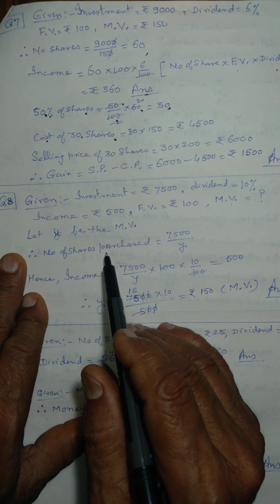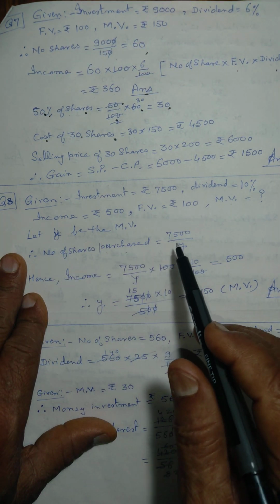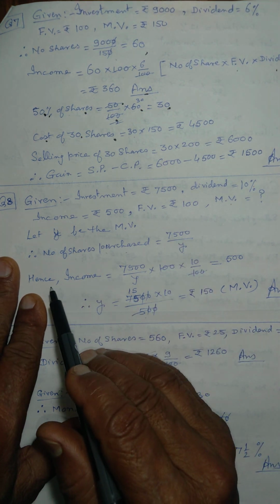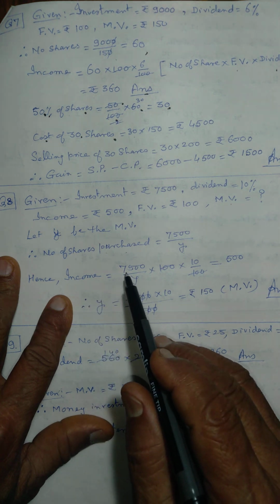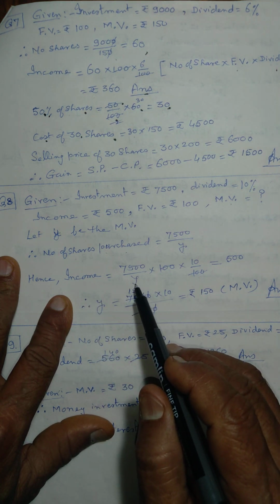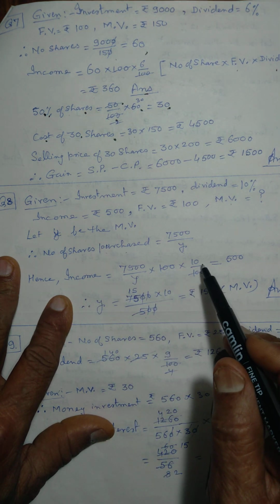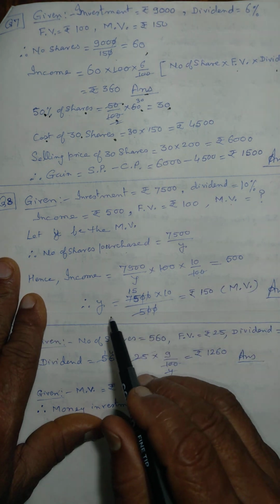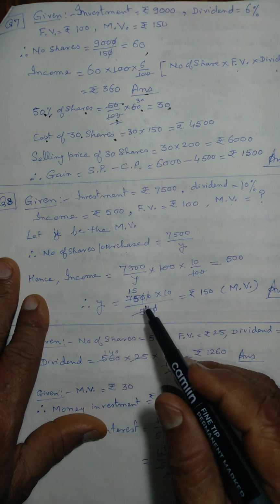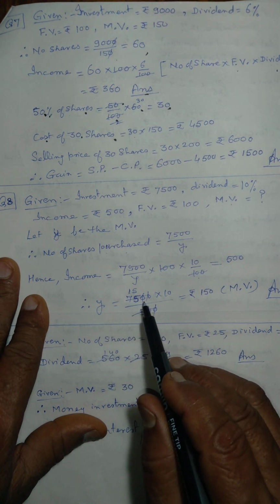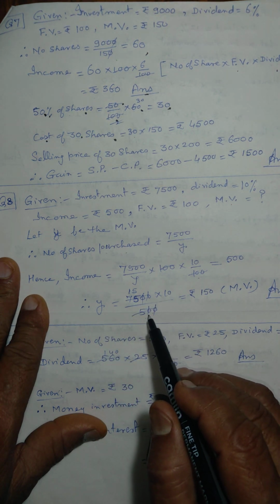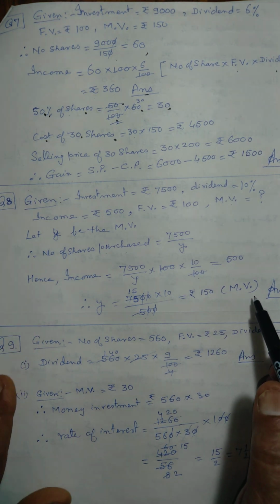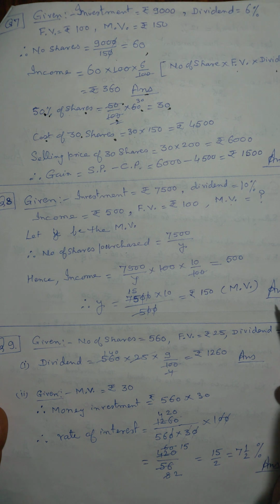So the number of shares purchased will be equal to 7,500 divided by Y. Hence the income is equal to 7,500 divided by Y into 100 into 10 by 100. You solve it, you will get Y is equal to 7,500 into 10 divided by 500, it will be equal to rupees 150. This will be the market value and it will be the answer of question number 8.